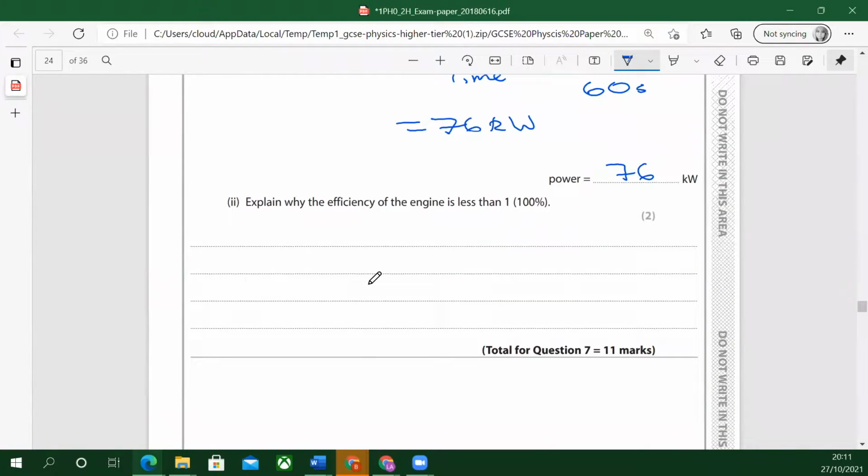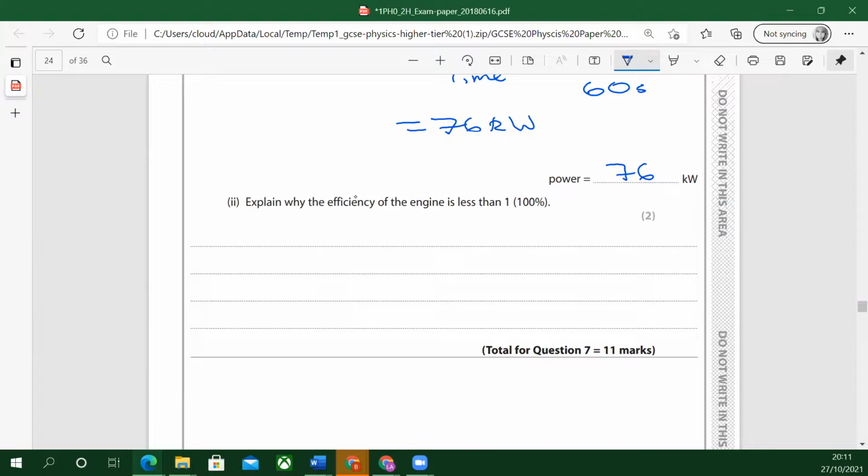Explain why the efficiency of the engine is less than 1 or less than 100%. There's no system that is 100% efficient, and it's actually impossible to get over 100% efficient.